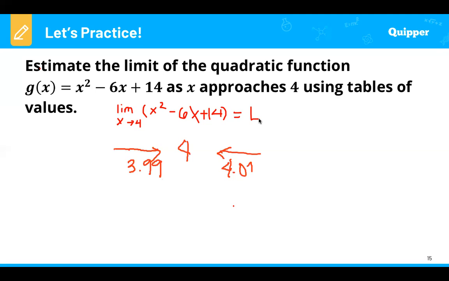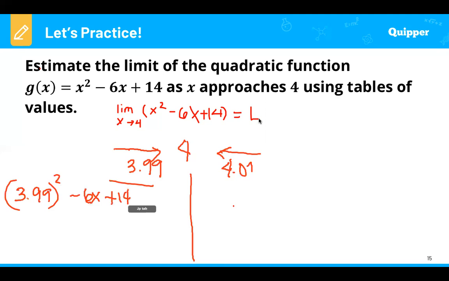I'm doing this quickly because we will take longer on the next topics. So let's solve for this one. If I change x to 3.99, we get 3.99 squared minus 6 times 3.99 plus 14.